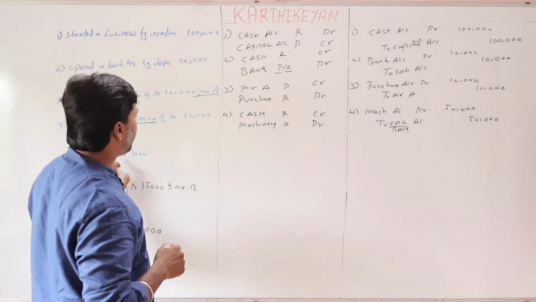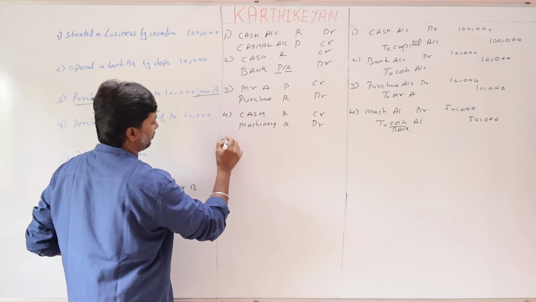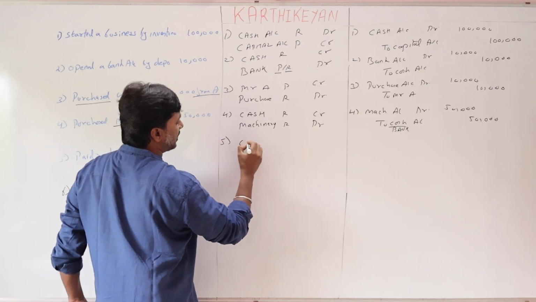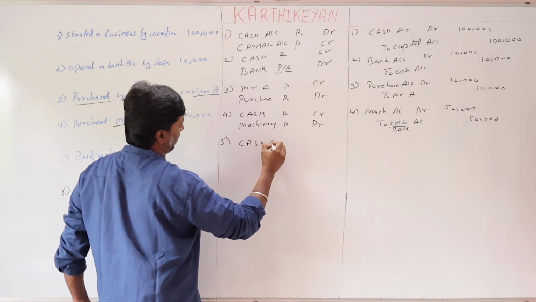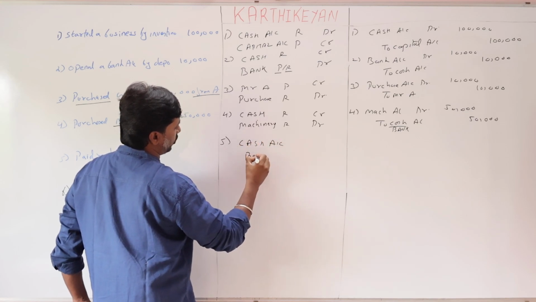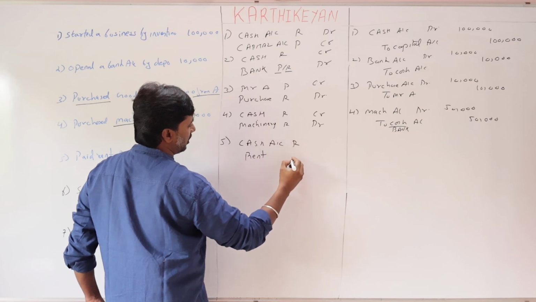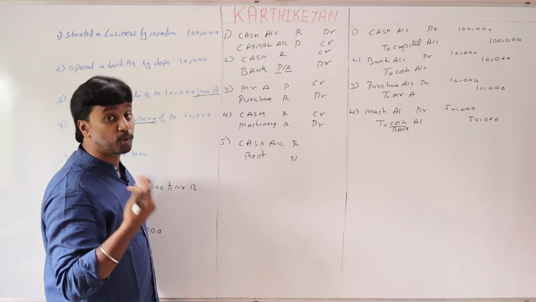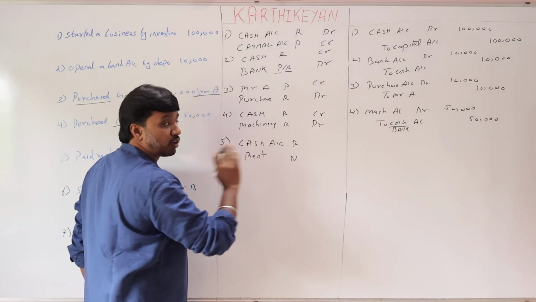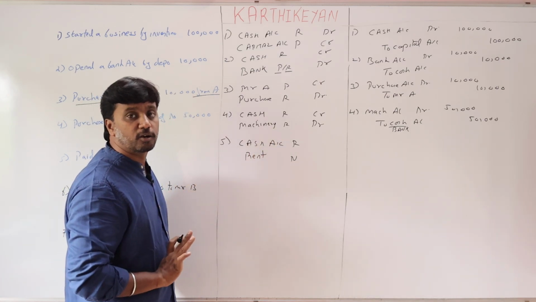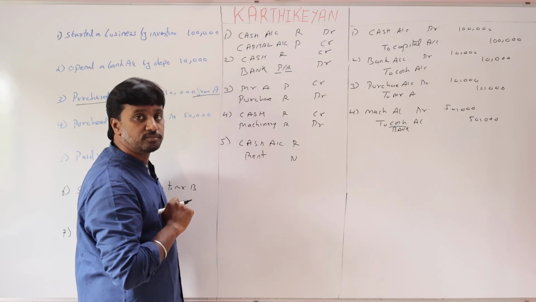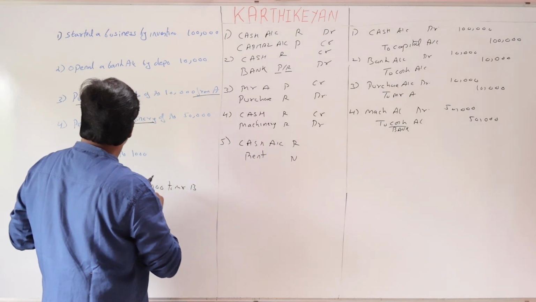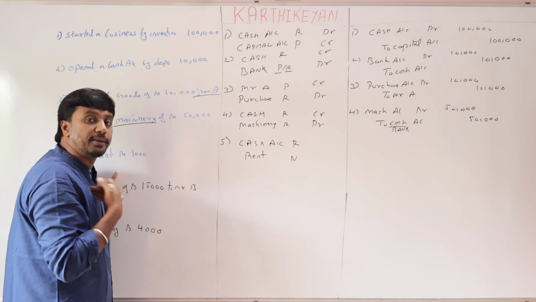See, there are some shortcuts also. For example, paid rent rupees 1,000. Now I'm going to go for a shortcut. One keyword, cash. Another is rent. You are paying rent. Cash is real, rent is nominal. Now technically I'm supposed to use both the rules, rules of real account and rules of nominal account. I forgot the rule of nominal account. I just remember the rule of real account: debit what comes in, credit what goes out. Here, when I am paying rent, cash is not coming in, cash is going out.